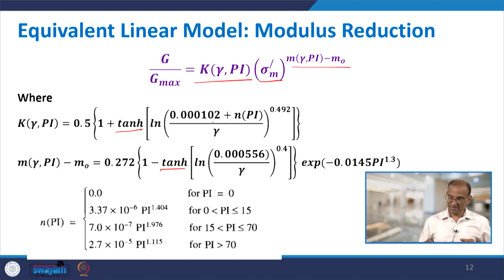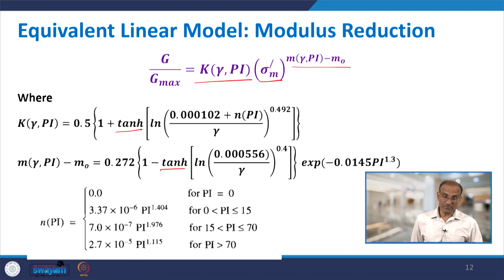For example, this term will vanish, and when PI equals 0, this exponent will become 1. So right now this equation is for C phi soil, it could have PI as well as C as well as phi, that means the plasticity index could also be there.